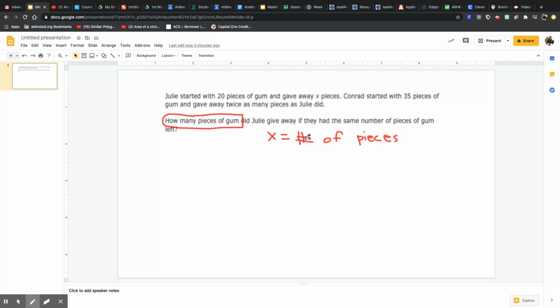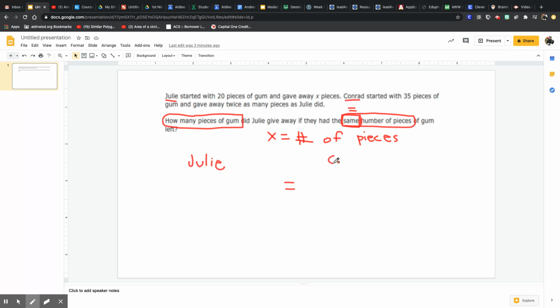All right, so we want to know the number of pieces that Julie gave away if they had the same number of pieces. That word same. Remember that the word same is the same as equal. That's our equal. So what we're doing here is we're comparing Julie, so I'll put Julie on the left here, and Conrad.